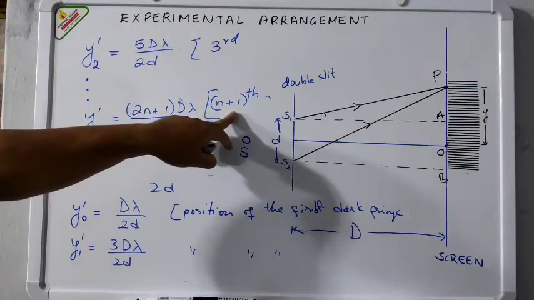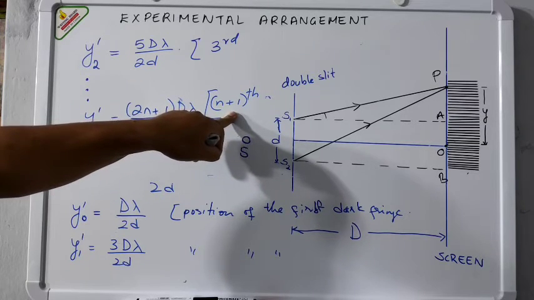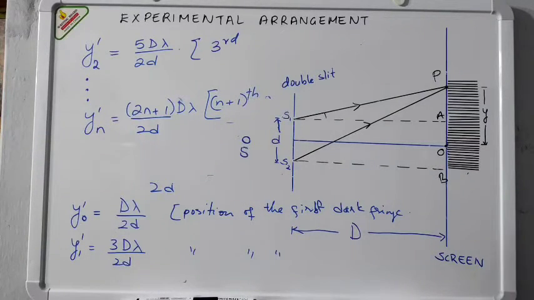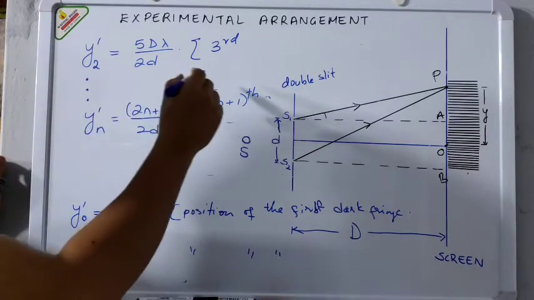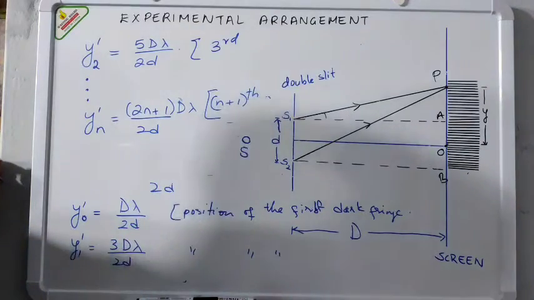It is the position of the center of the n plus 1th dark fringe, not the nth. It means y dash 7 will be for the 8th, y dash 8 will be for the 9th, and so on.